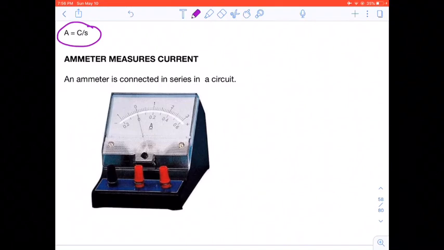So let's look at this here. If we have, for instance, this, and here we have an ammeter, right?